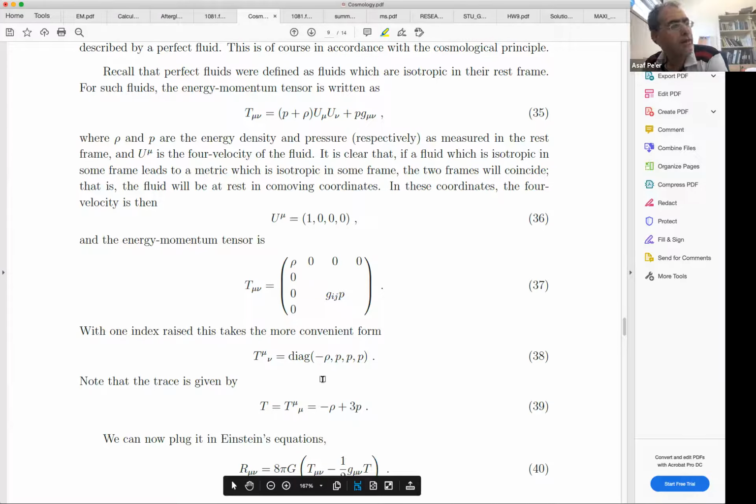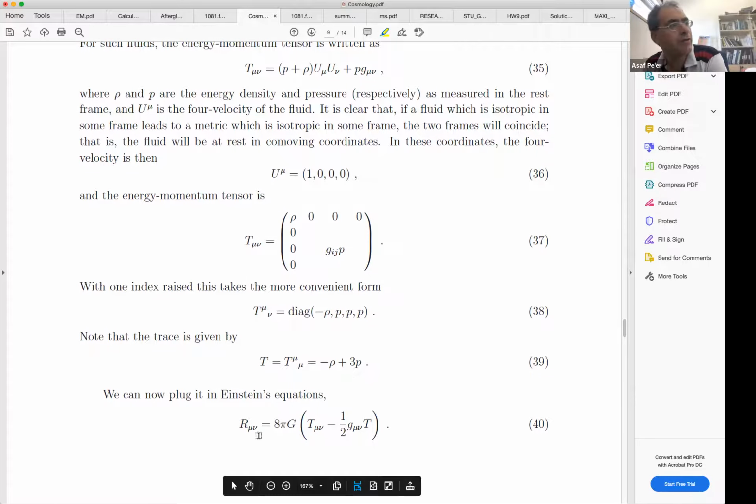So now we can take this result and plug it into Einstein's equation. R_μν is equal to 8πG (T_μν minus 1/2 g_μν T). If you remember when we derived Einstein's equation, this was one of the forms that we derived. Yeah? You agree that I'm not cheating?